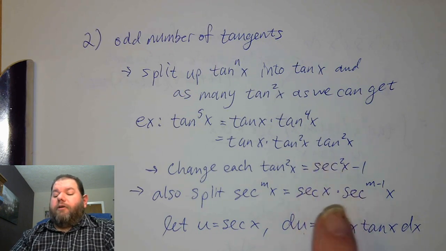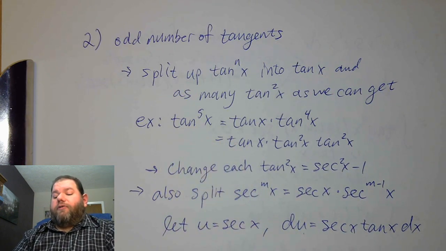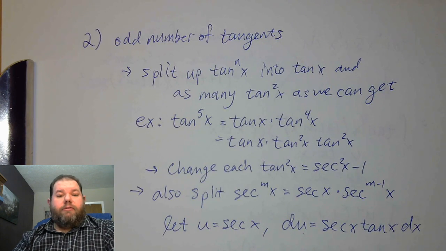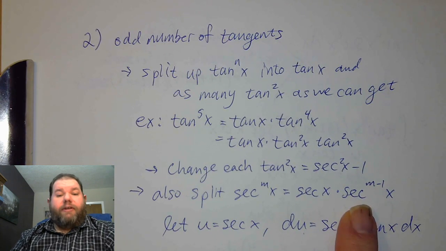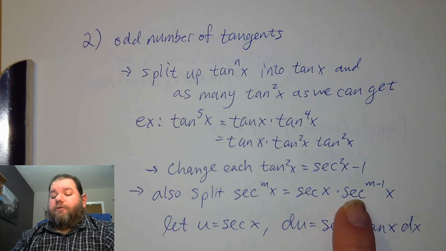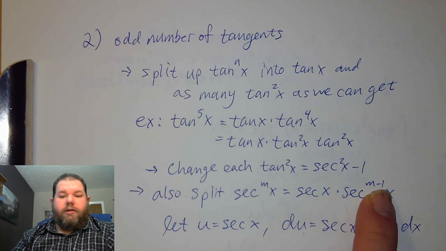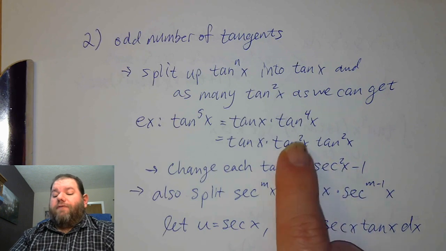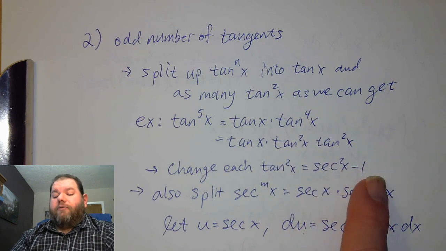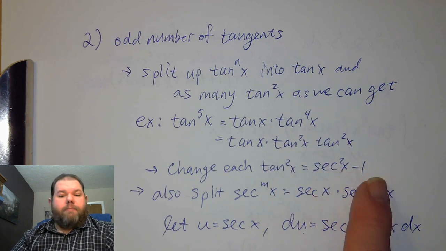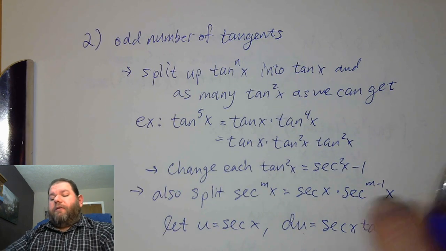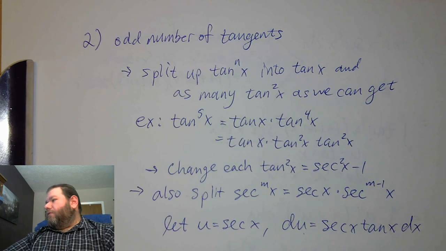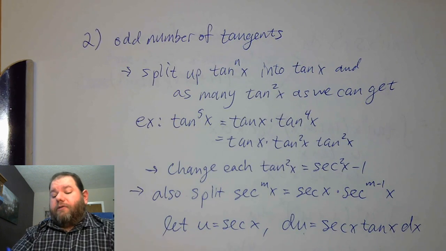And so by peeling off a secant and a tangent from each of those terms, that's going to be our du. Now, we don't have to do anything with the extra secants because that's just going to be u to whatever power is remaining. But then each of our tangents have to be changed to secant squared minus 1, and that'll be u squared minus 1 in our substitution. Let me work an example for this one now.